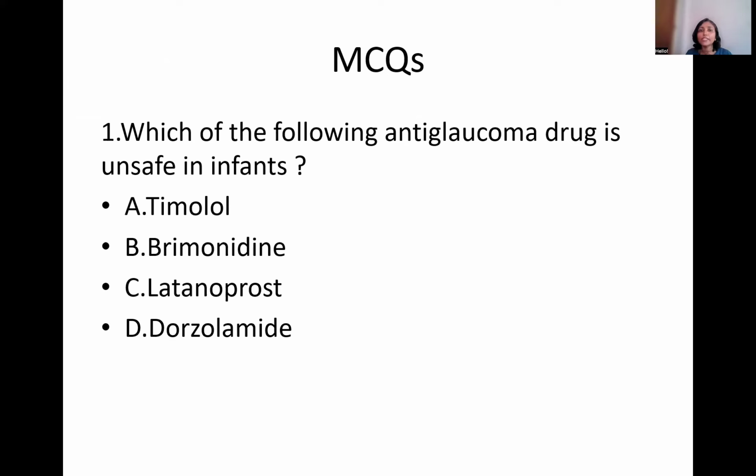We have already discussed the adverse effects of alpha adrenergic agonists. CNS depression is caused by which drug? That is brimonidine. So brimonidine is unsafe to give in neonates, and it will cause apnea in infants and neonates.